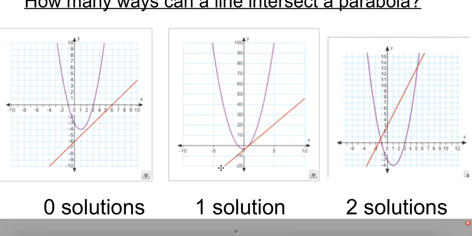One solution is when the line just touches at one point. It's not necessarily at the vertex in this case, but it's touching at one point. It's almost like a tangent, if you've heard that word before. A tangent mimics a line, and it touches at one point. That's what's happening here. And two solutions is just the most common one, where the line intersects twice.